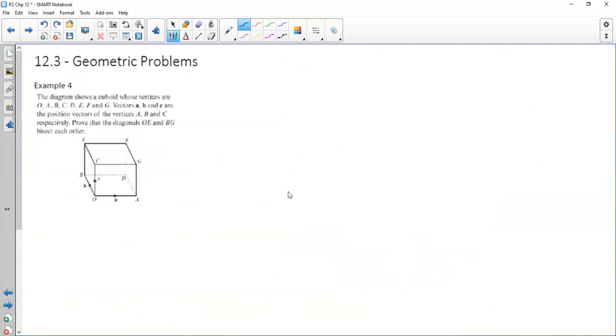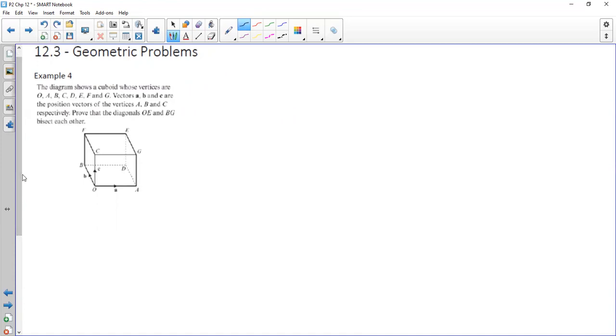Next, last but not least, the 3D version of it. Same steps, everything the same, but it's a 3D version. Let's have a go at a question. The diagram is a cuboid whose vertices are O, A, B, C, D, E, F, G. Vectors a, b, c are the position vectors of the points A, B, and C respectively.